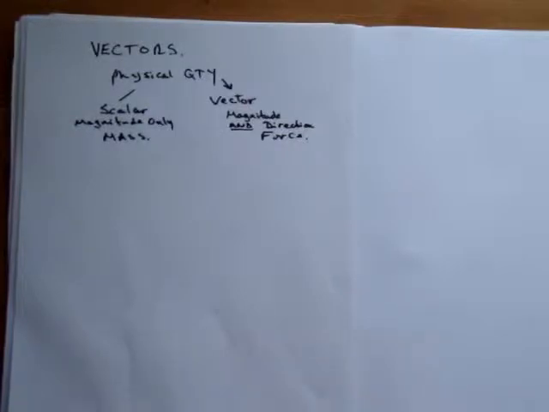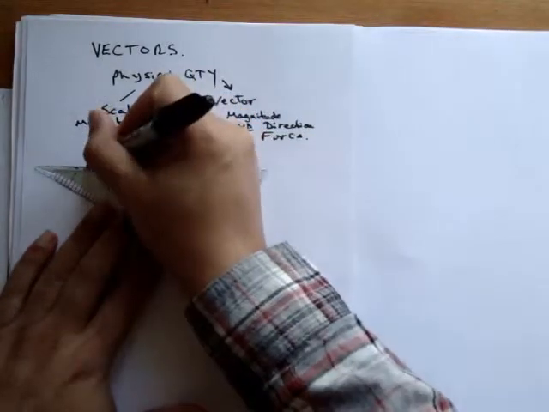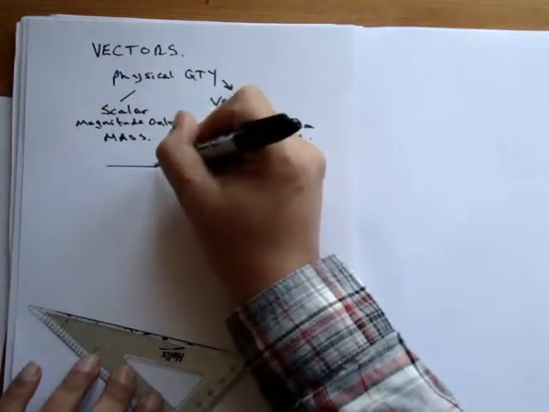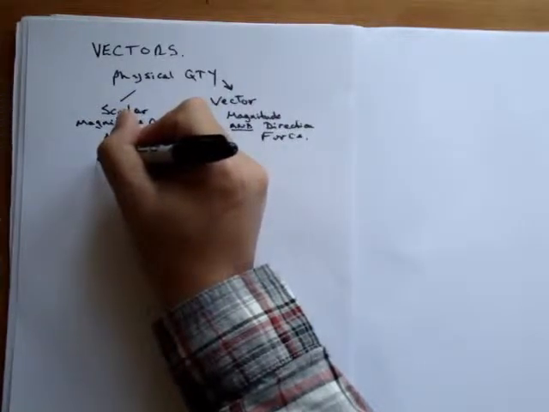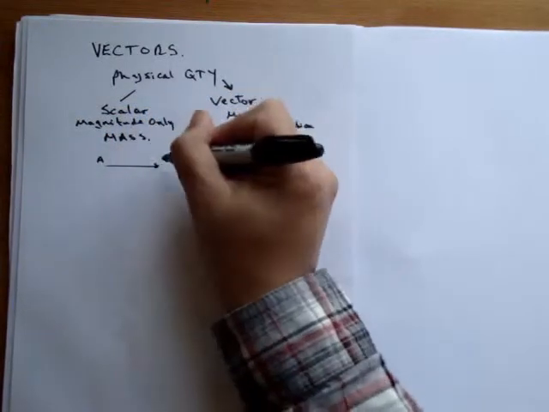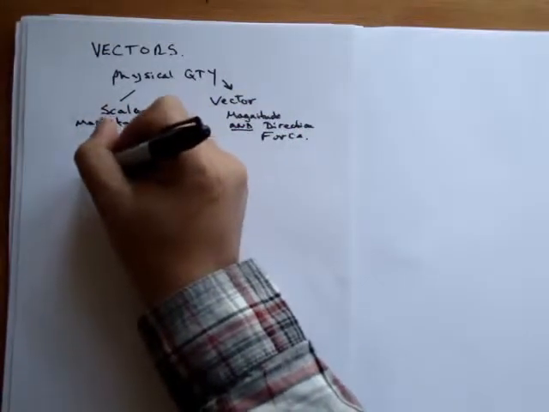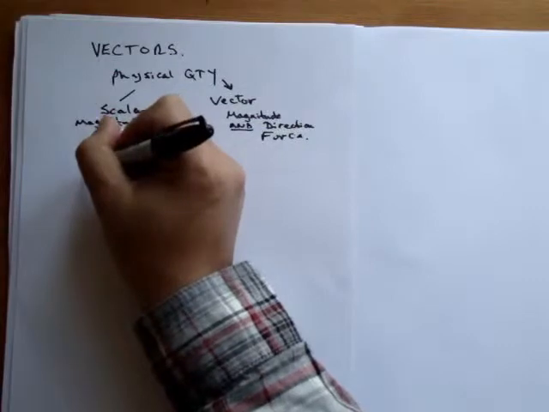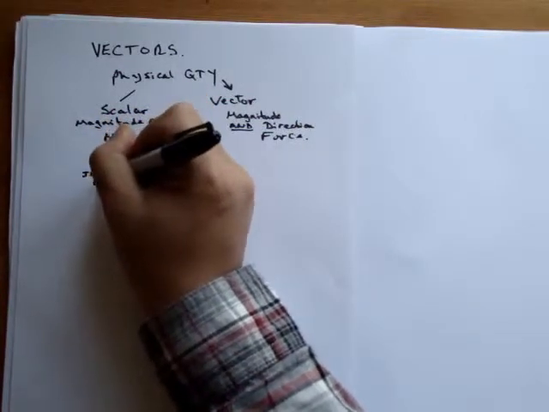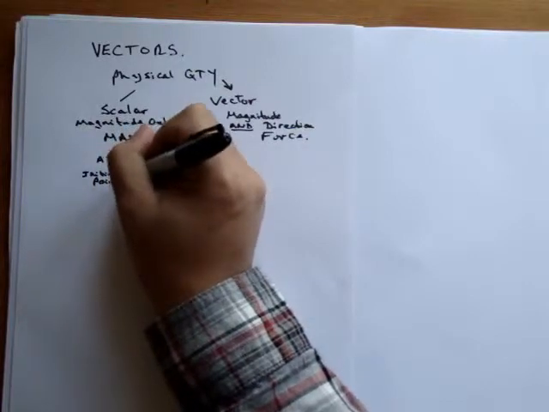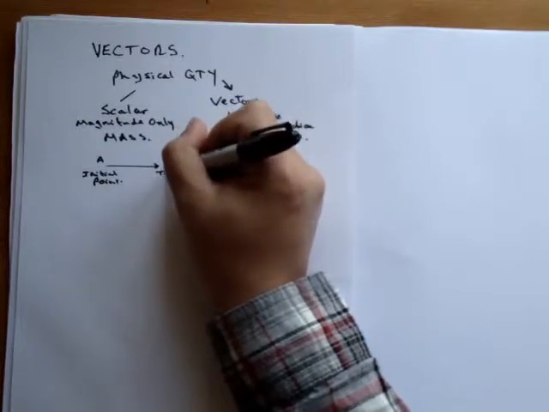When we represent vectors, we represent them as a line with an arrowhead. So this would be the vector from A to B, and this side is the initial point, and that's the tail, and then the head is called the terminal point.